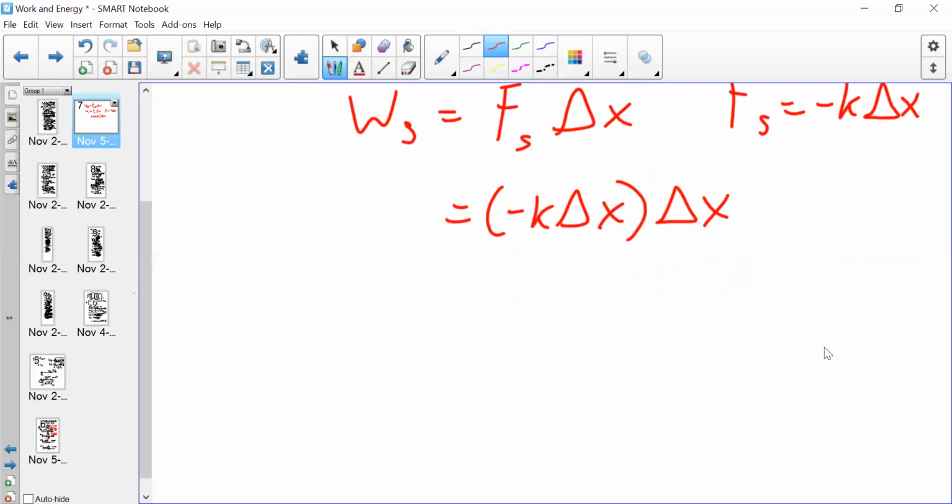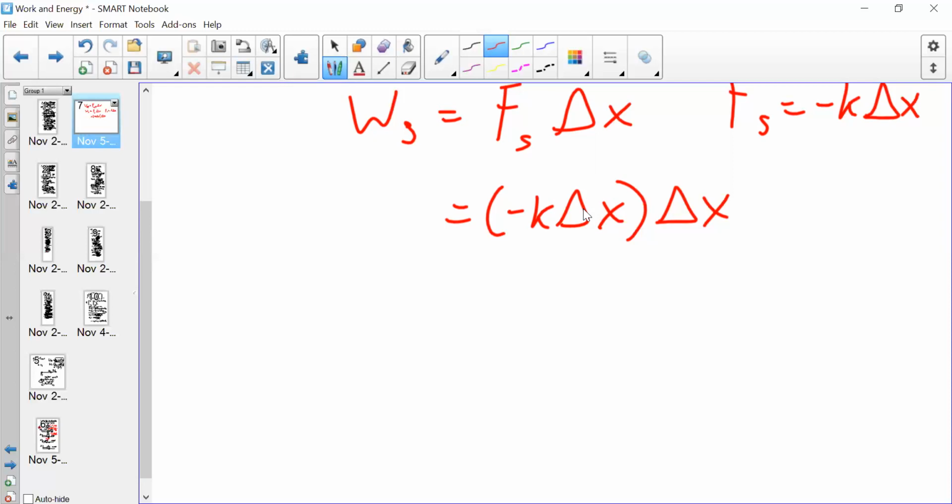Well, not quite. We can't just multiply, because this displacement actually varies. So we have to do an integral on this spring force function in order to get the actual work done by the spring.